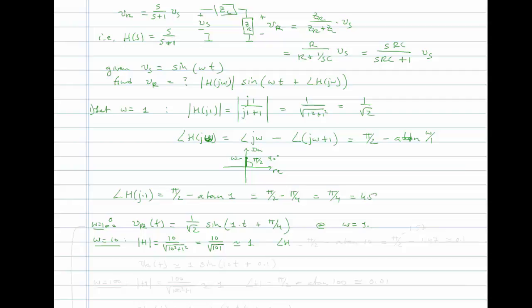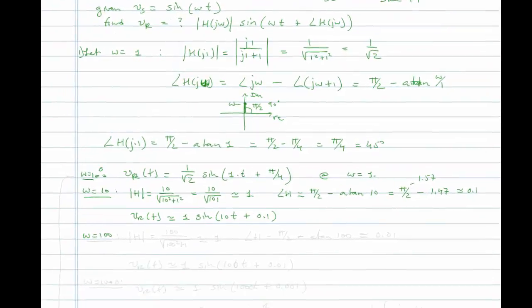The angle of the transfer function will be pi over 2 minus the arctan of 10, which is pi over 2 minus 0.1, so it's 1.47 radians. This is 1.57. So this is approximately 0.1 radian. So we have VR of t equal to 1 sine of 10t plus 0.1 radians.